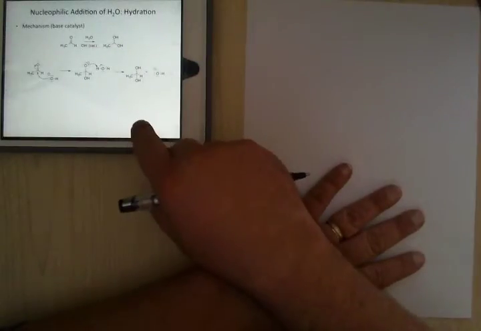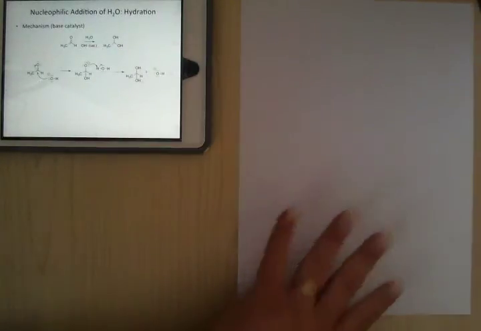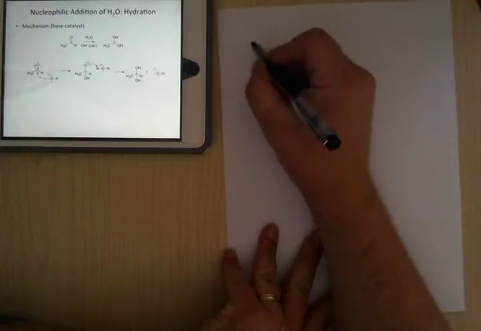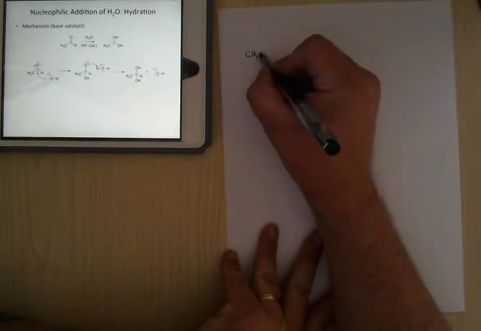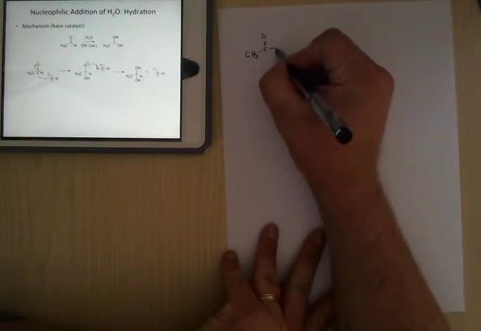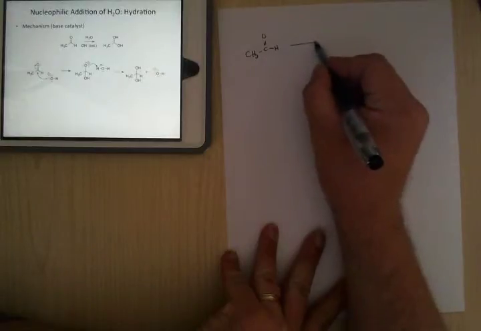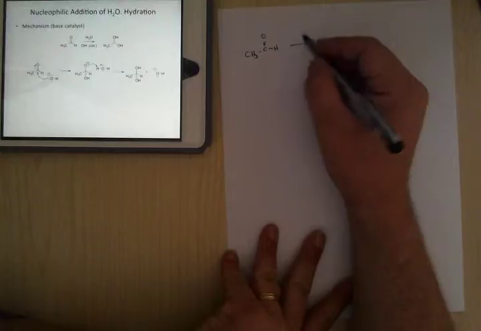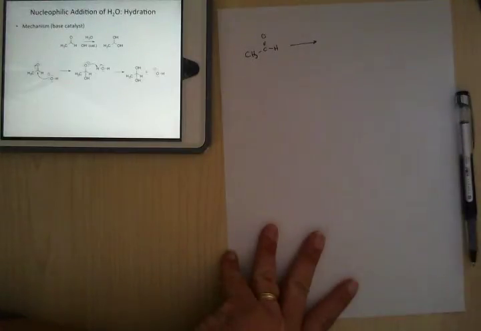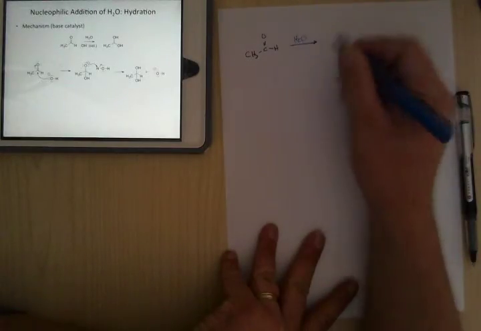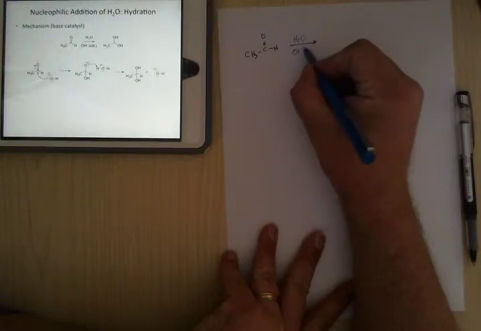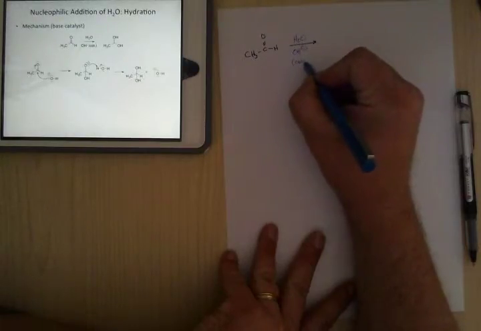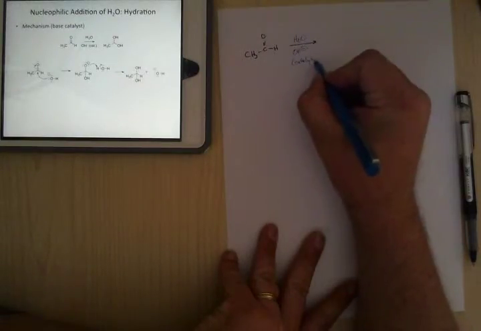So with that, we're going to talk a little bit about the mechanism of these things, right? So if you have just acetaldehyde here, which is this, what's going to happen is we're going to have water, so we'll put that there, plus a little bit of catalytic base. Okay, so this is catalytic, so we're going to have to regenerate that.